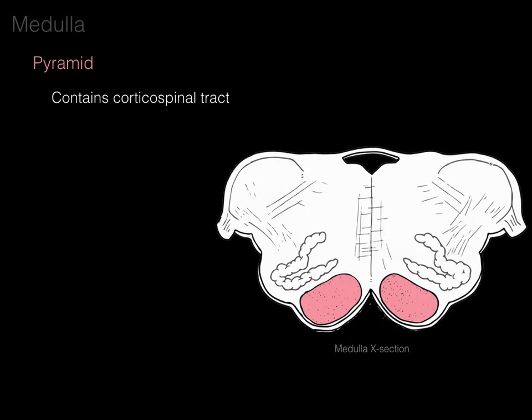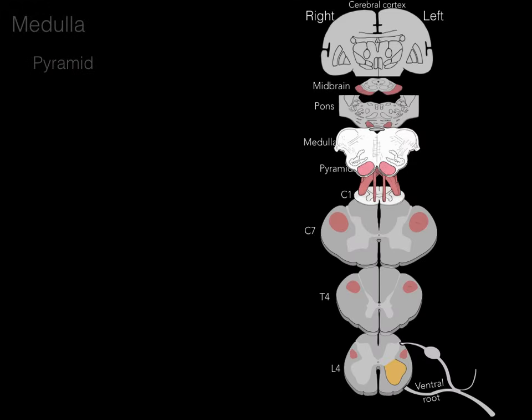And if we take a look at it in cross-section, it's those pink structures right there. That's what the pyramids look like internally. Now, this contains the corticospinal tract. You're like, that sounds familiar, because we've already talked about it twice in the midbrain and pons. So let's take this section, put it right inside there.